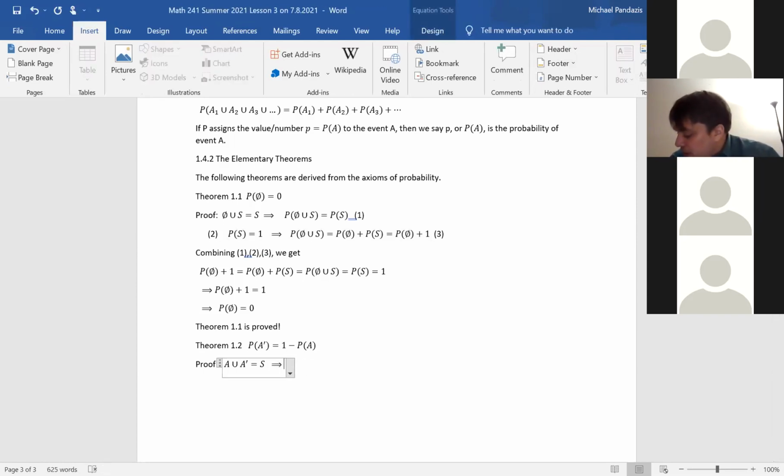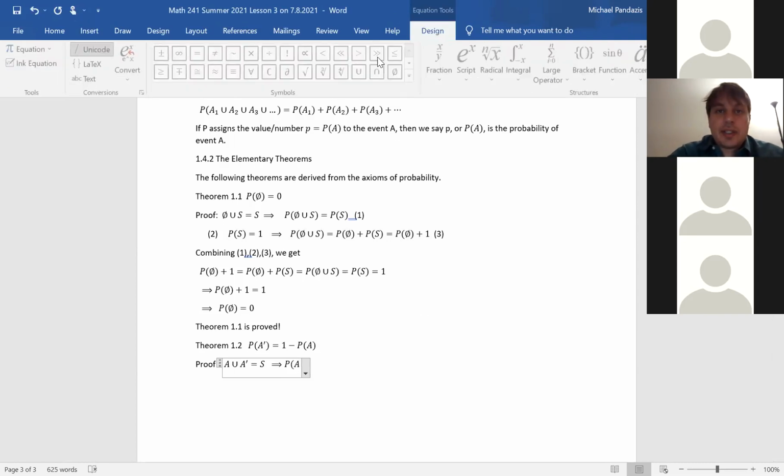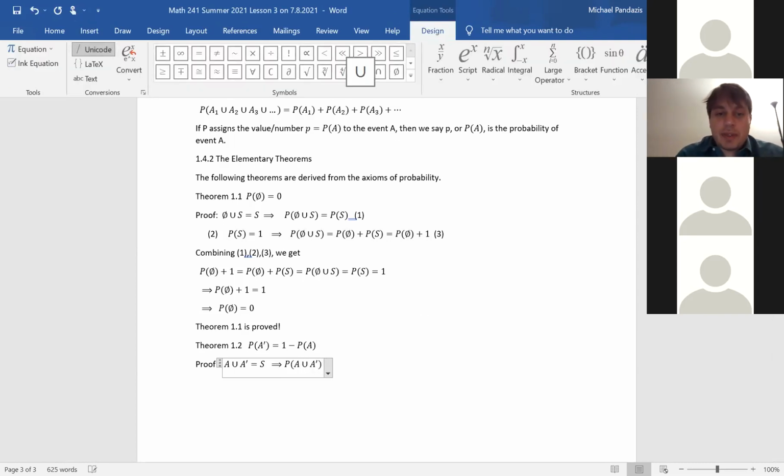That implies that P of A union A prime is equal to P of S, which is 1.